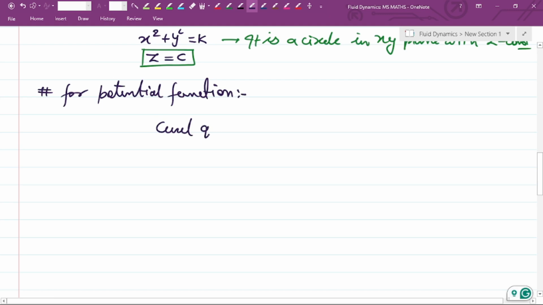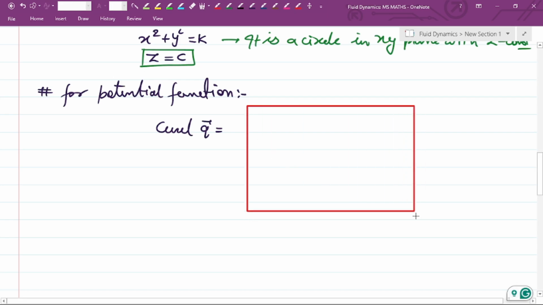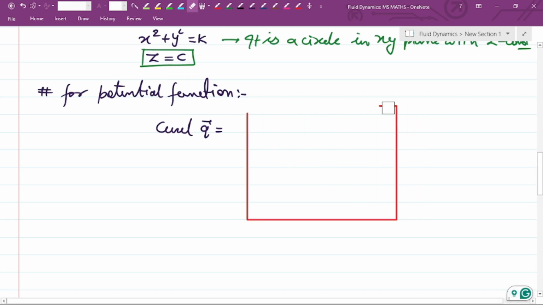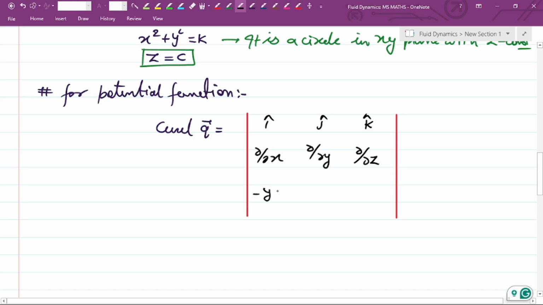The curl of q vector is nothing but the determinant of i cap, j cap, k cap, dou by dou x, dou by dou y, dou by dou z, and the components are y c square upon x square plus y square, x c square upon x square plus y square, and 0.